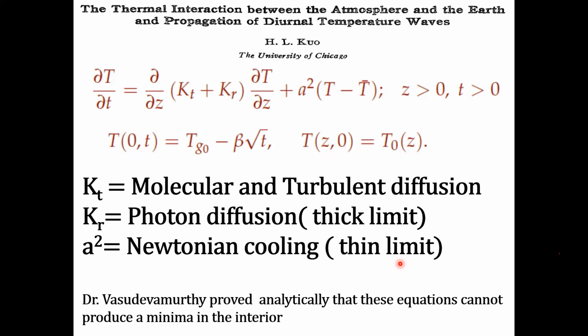Now, this unfortunately was not published. It is in his thesis, but he has not published it, which he should have. He thought it was too simple to publish. But I thought it is an elegant way to demonstrate, without solving the equation, that one should not waste time solving it, because it cannot produce a minimum in the interior.